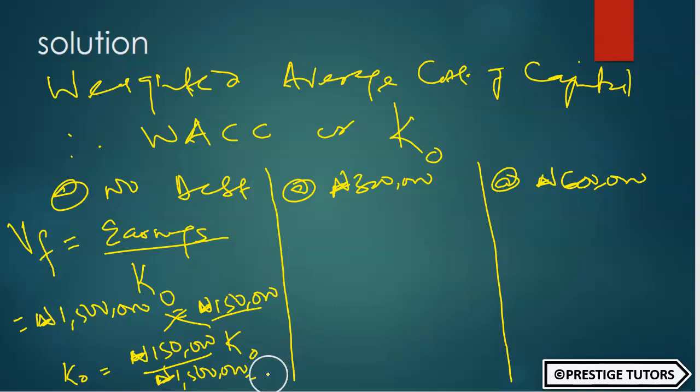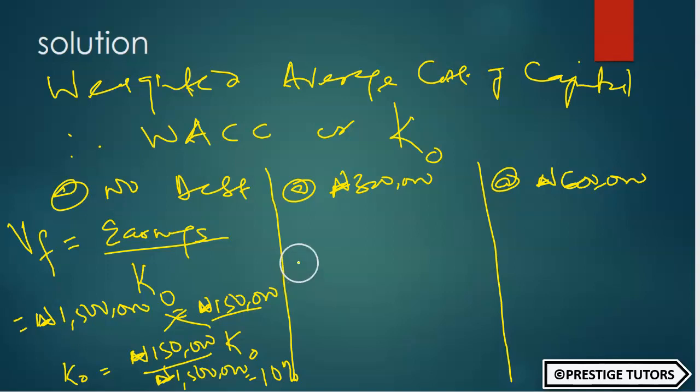That gives us 10% at no debt. That means the cost of fund to the firm, to the organization, to the company is 10% at no debt.